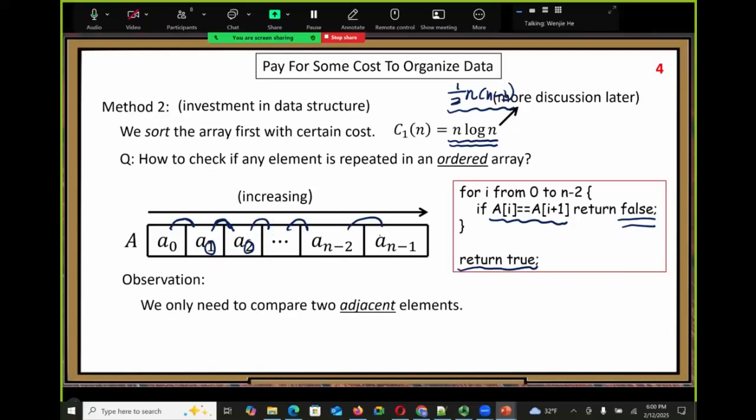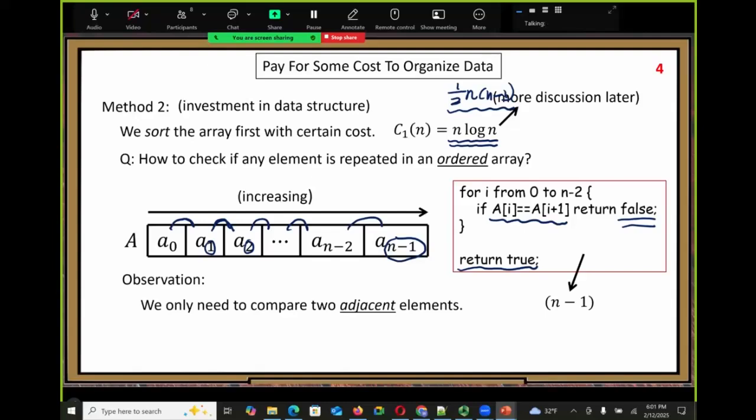The last pair, you can associate with the last subscript. Then you only count those subscripts used as the reference objects. So your answer is n-1 comparisons.